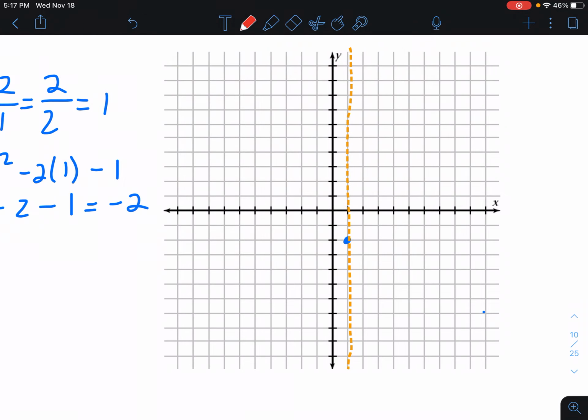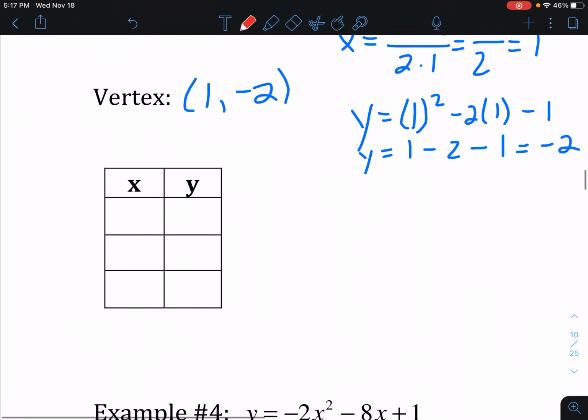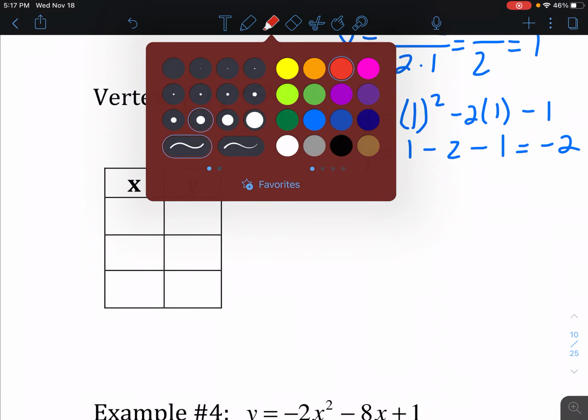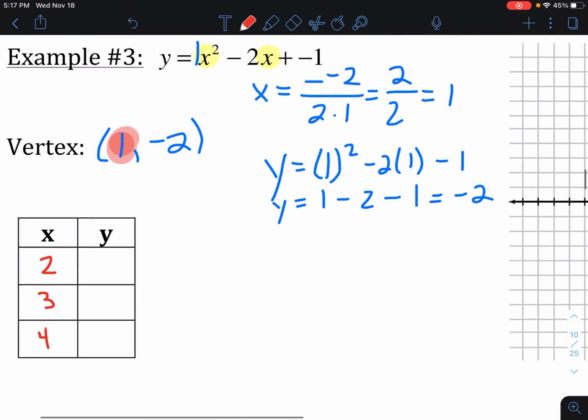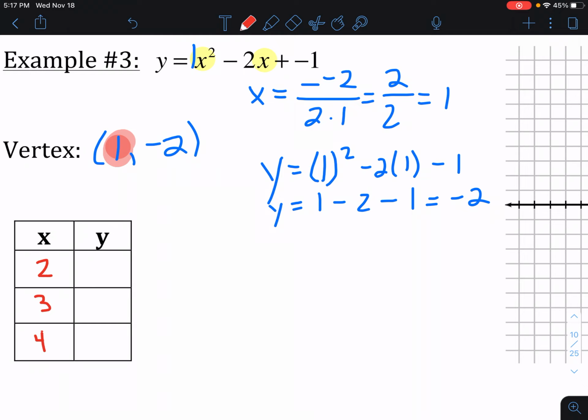Now I need to go back to my table of values. Now, what x's do I choose? Don't choose 1, 2, 3 this time. My vertex's x-coordinate is 1. So I actually need to choose, after 1 comes 2, 3, 4. So now I'll plug them into the formula to find their y values.